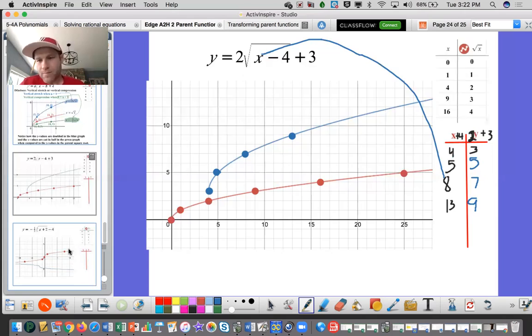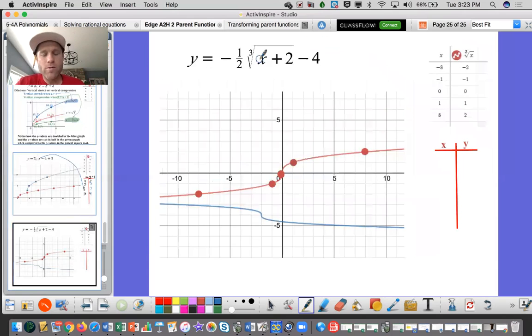Last one. So here we have a cube root, right? And this is the parent function graph right here. These are our points that we normally plug into the regular cube root of x. So what we're going to do first is our HK transformation, starting with the x value transformations, and it says plus 2, so we're going to take 2 away from every single one of these.